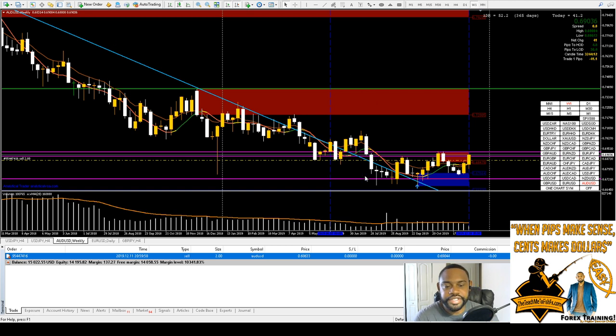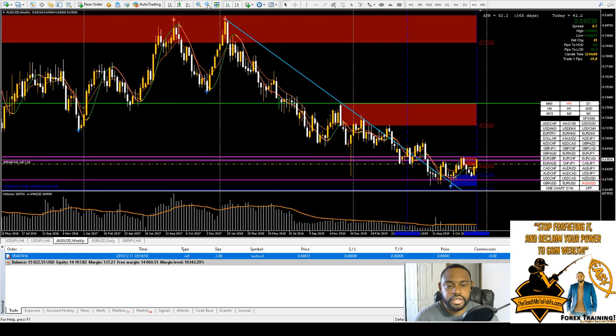But again, the downtrend has not reversed completely, right, until this area, and maybe not even until that area. But we'll be able to fully say, okay, yeah, now the Australian US dollar is in an uptrend.